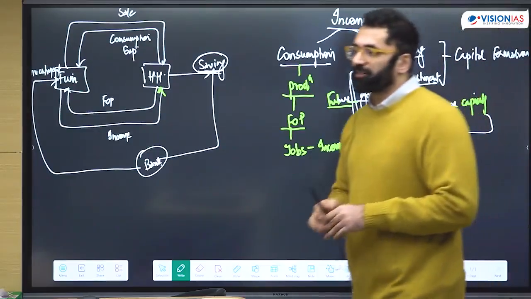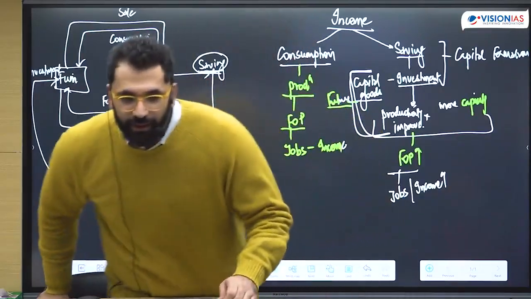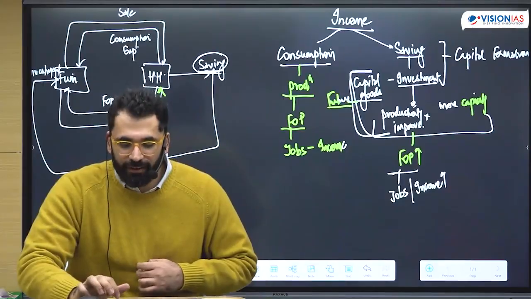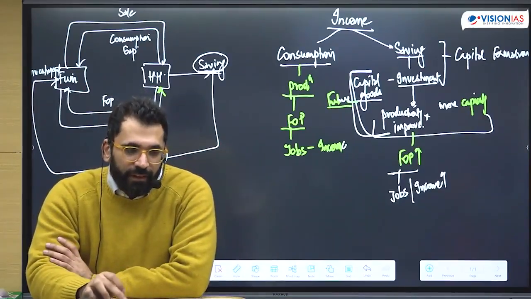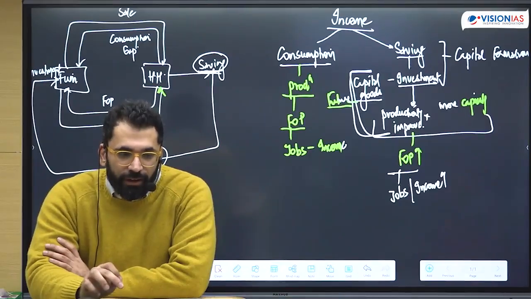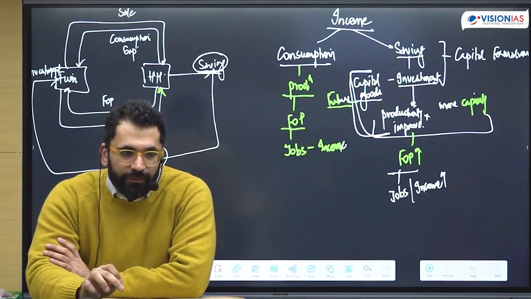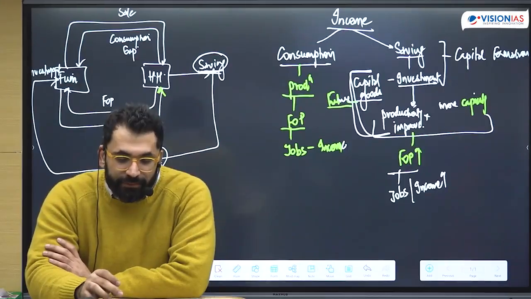Anything that reduces the flow of production, thereby slowing down the output production, is termed as a leakage.